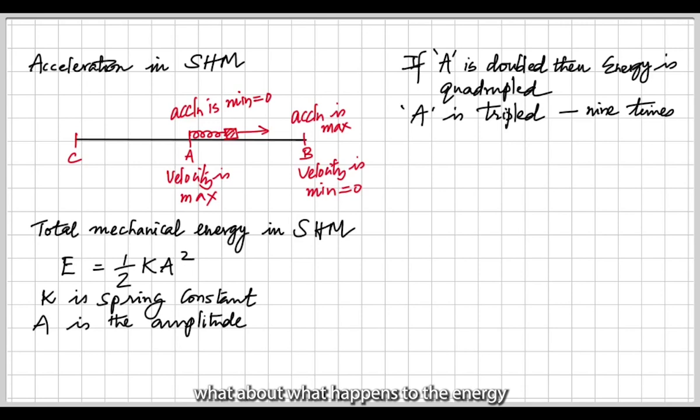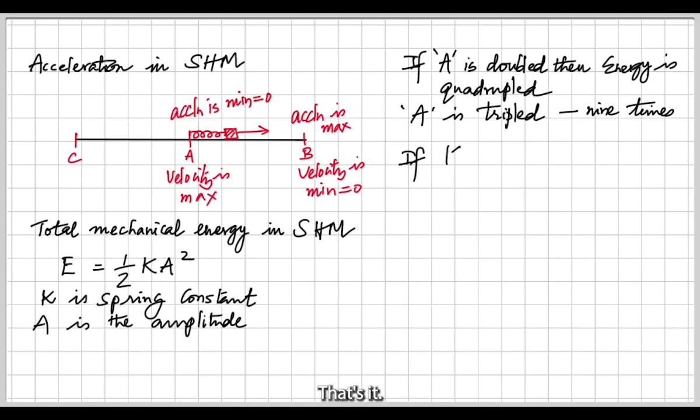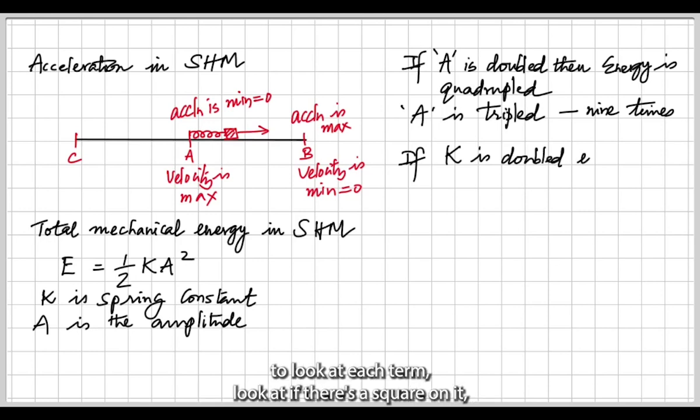What happens to the energy if the spring constant is doubled? The spring constant is k. There is no square on it. So if that is doubled, then the total mechanical energy is also doubled. That's it. So try to break down the formulas. Try to look at each term.